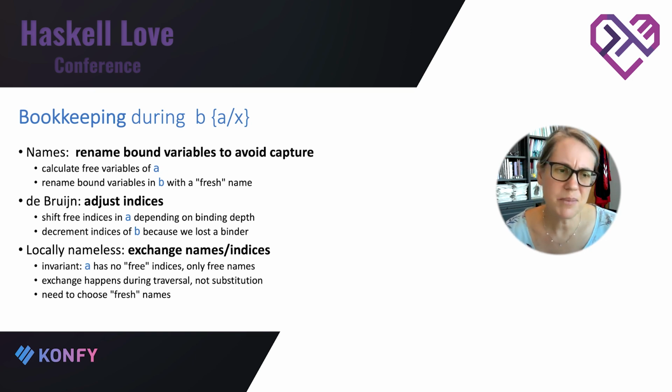Locally nameless works because it has this invariant: whenever we call substitution, we've named the indices that would be free. All the indices inside of A refer to binders inside of A directly. They don't refer to binders in any external scope. If it was something from an external scope, we would use a name instead.